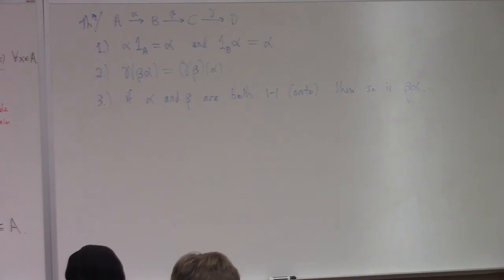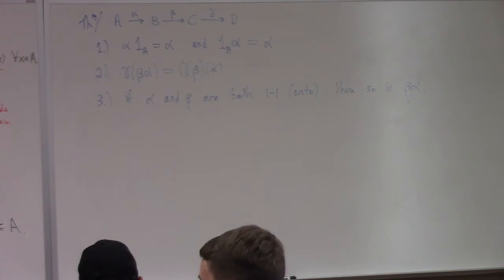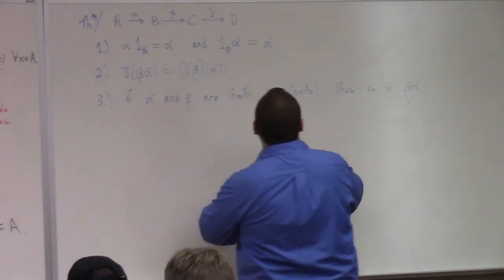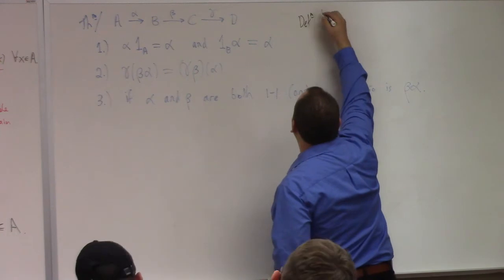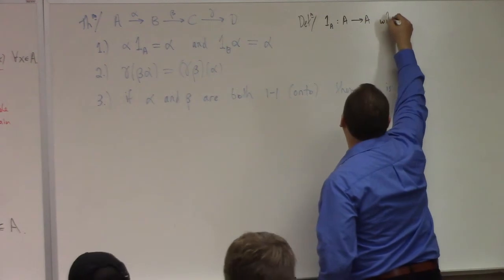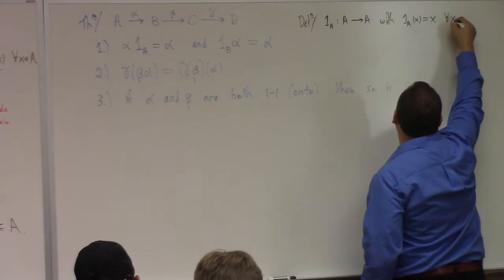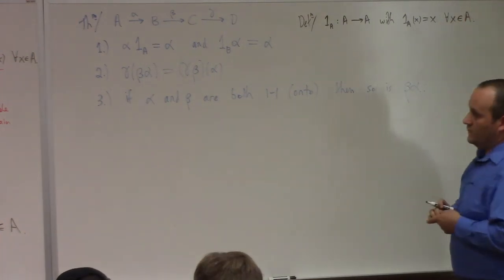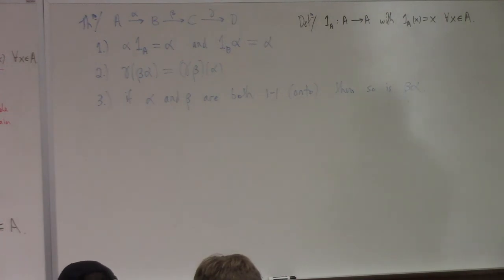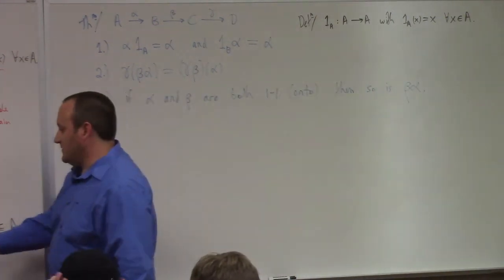Now I threw some notation out there I haven't yet clarified. What's this 1 sub A mean? Is that just identity? Right. So this is Nicholson's notation. His definition is that 1 sub A is the mapping from A to A with 1 sub A of x equal to x again for all x in A. Of course we're already using theorem 1, that you can define things pointwise to make the definition of composition.